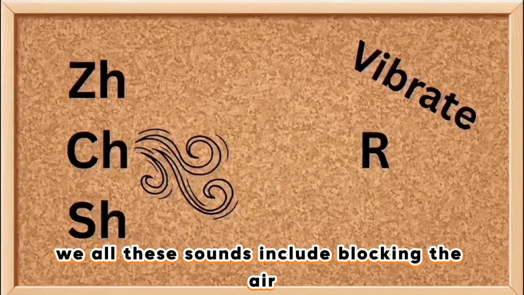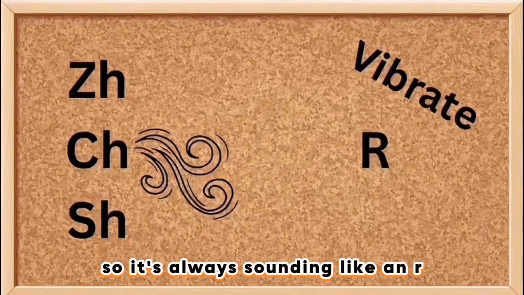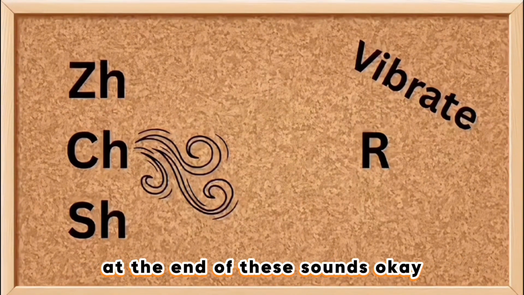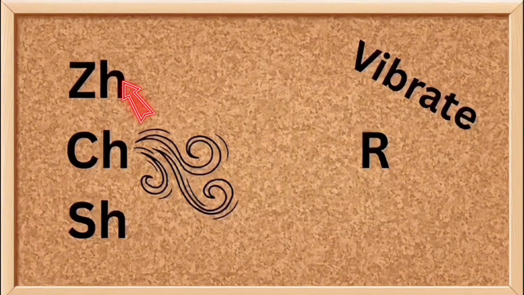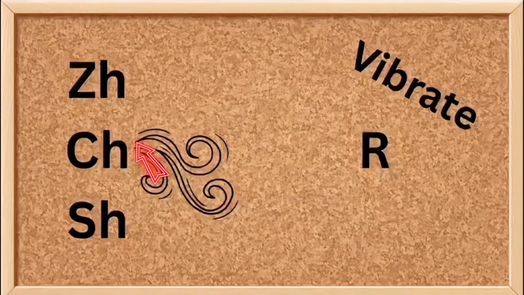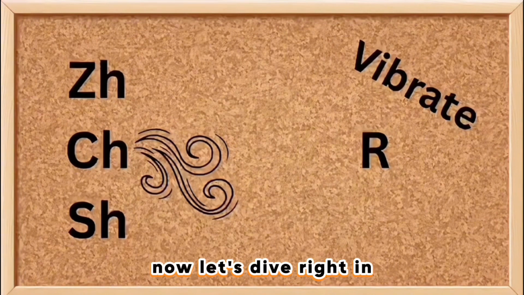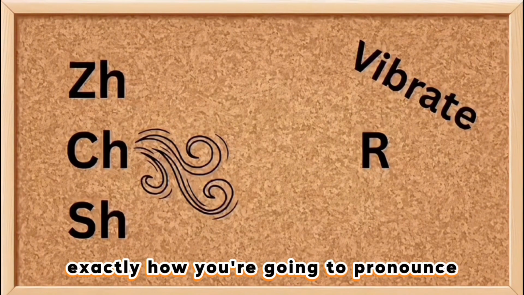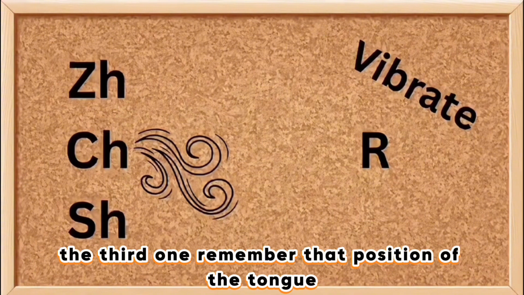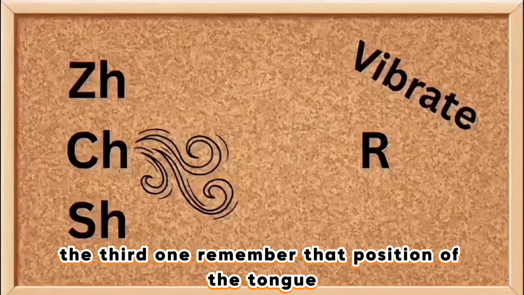No, all these sounds include blocking the air, so it's always sounding like an R at the end of these sounds, okay? Zh, ch. Now let's dive right in, and I tell you exactly how you're going to pronounce the third one. Remember that position of the tongue?